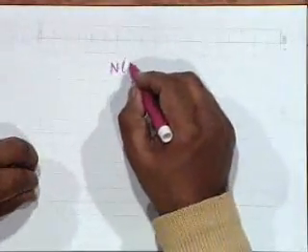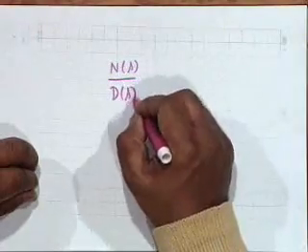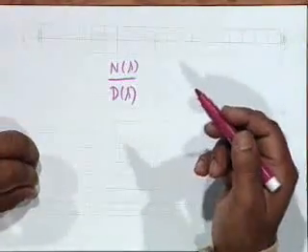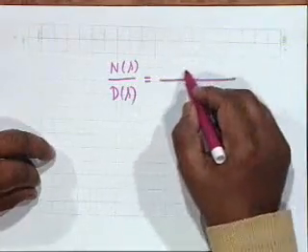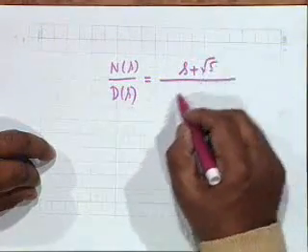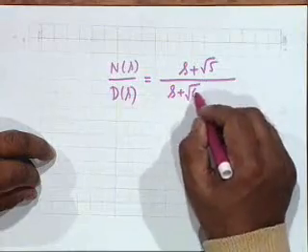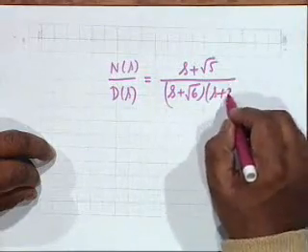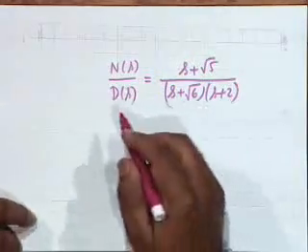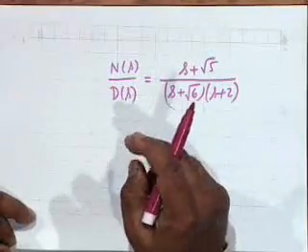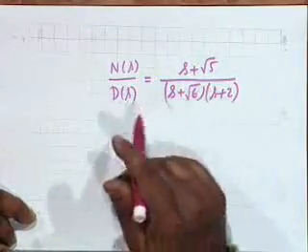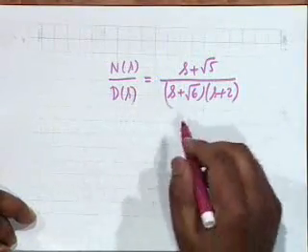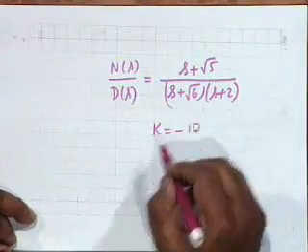And obviously, your n of s by d of s, that is the ratio with poles and zeros in the left half plane, in this particular case is s plus root 5 divided by s plus root 6 multiplied by s plus 2. This is the part. And then you have to multiply this by n of minus s divided by d of minus s and a constant k. The constant in this case is equal to minus 10.